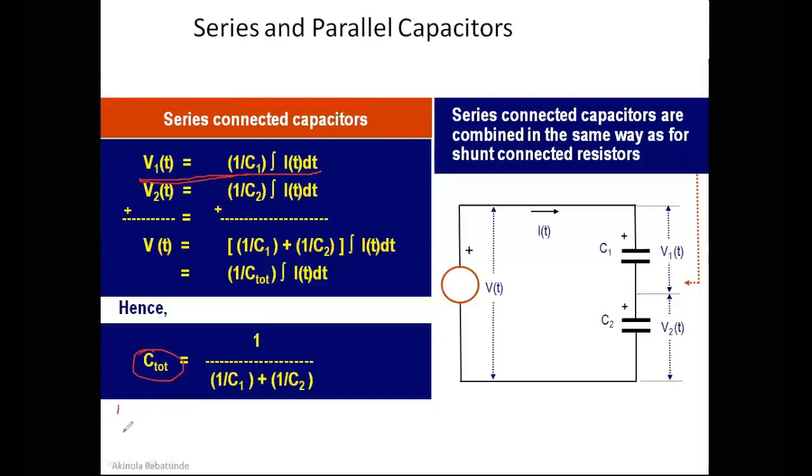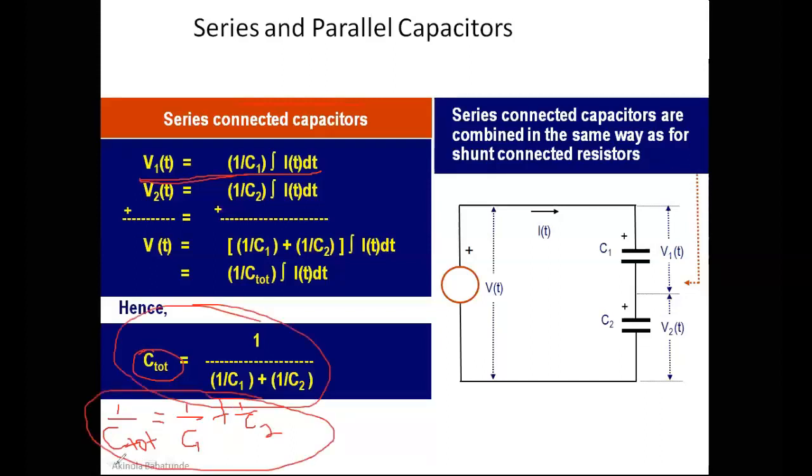You can write 1 over C1 plus 1 over C2, so this is the same thing as this, you know that already. If you make C total the subject of the formula, you have what you have here.